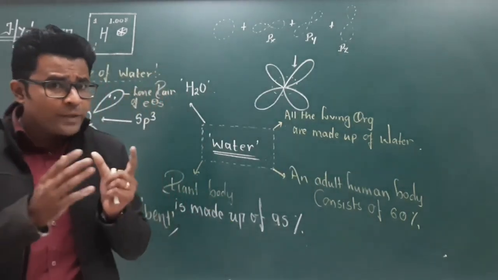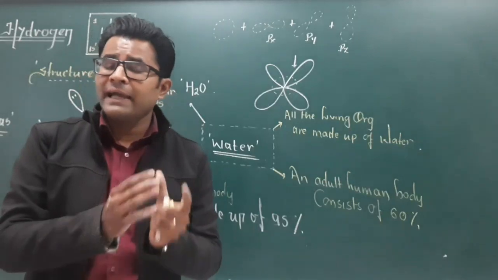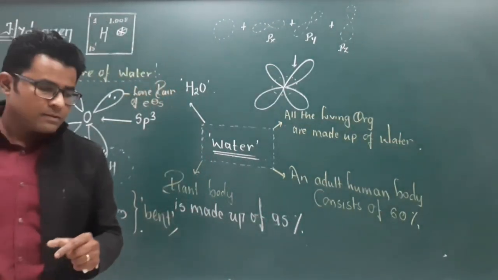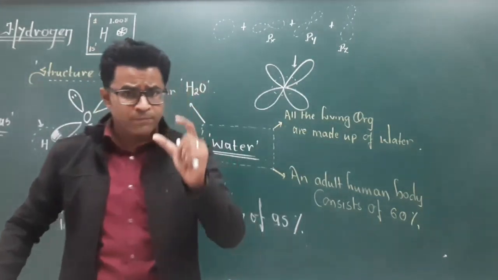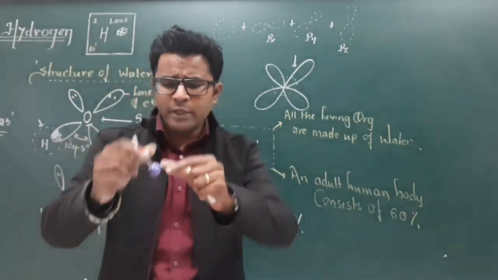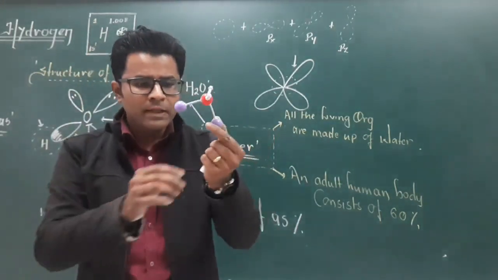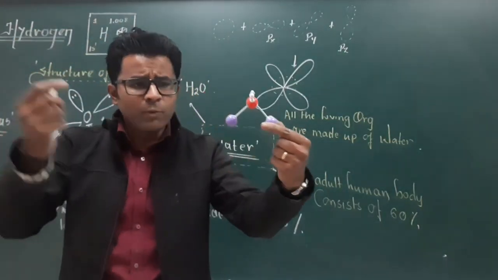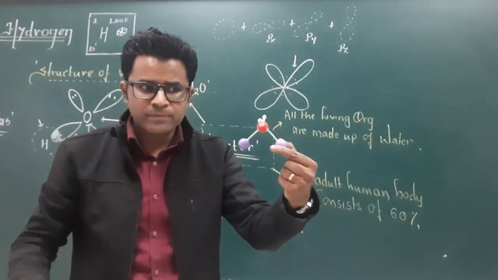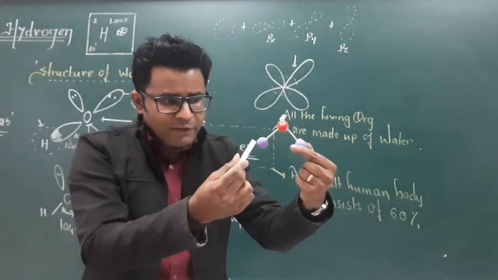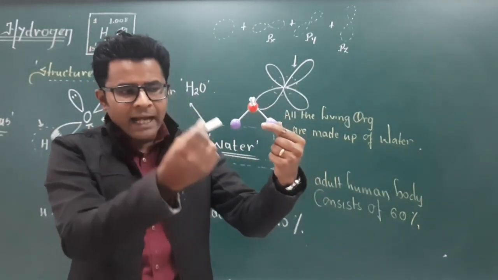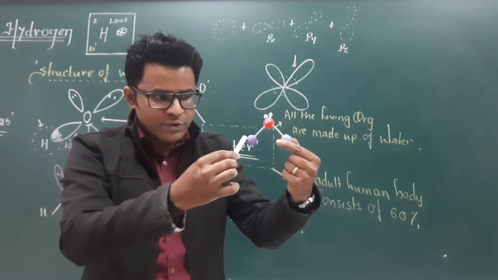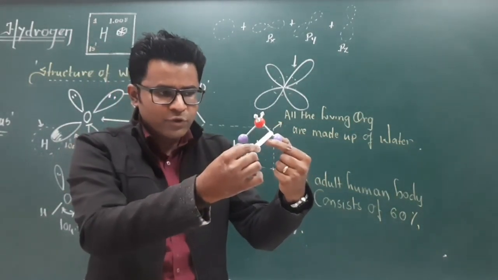So, in order to visualize that, we'll take the help of a model. Let's consider the red sphere as the oxygen, and the one in lavender, let's say that is a hydrogen. So here there is one bond to the hydrogen, here another bond to the hydrogen.